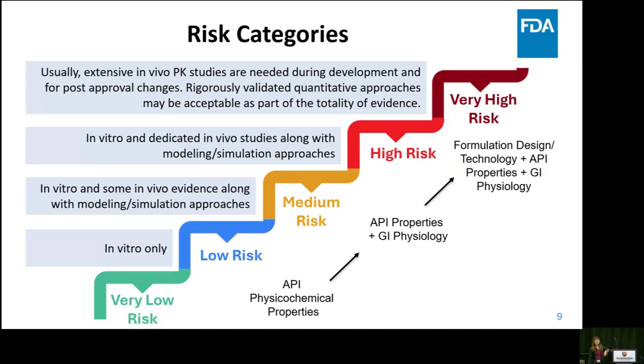And then moving from medium risk to high risk, in addition to the API physical chemical property and the GI physiology, the formulation technology itself really controls the bioavailability.